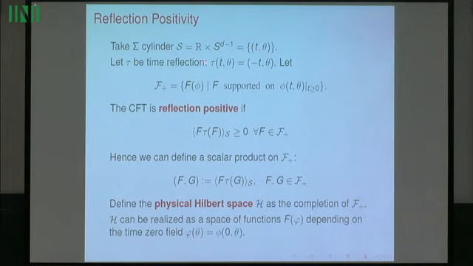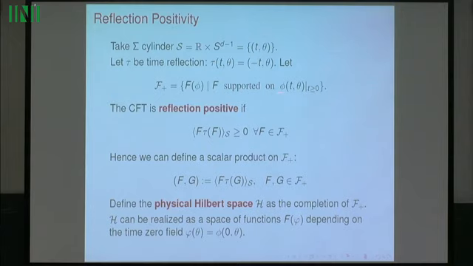So let's take the manifold to be a cylinder. There's an R which I call time, and then the rest I call theta. Then you can define a reflection in time on the cylinder around time equals 0. And let's look at a particular set of observables which depend only on the fields at positive times.